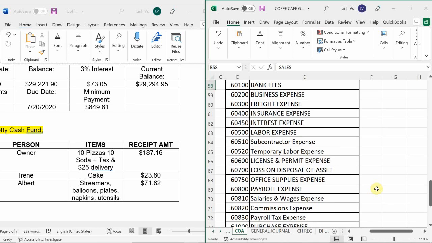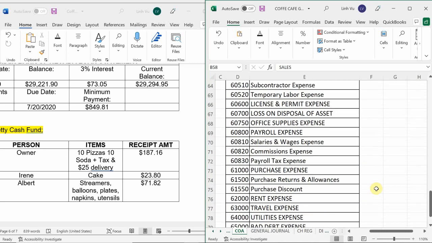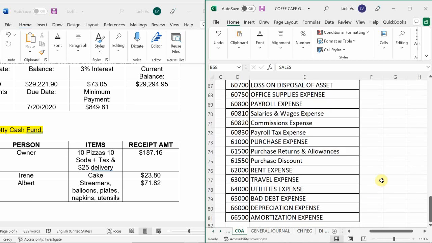It's not office supplies, right? Is a cake office supplies? Definitely not. Payroll expenses. We're not paying our people to go buy these things. Okay, purchase expense. Obviously, we're not buying inventory. It's not rent. It's not travel. It's not utilities. And it's none of the bad debt. Those are all adjustments.